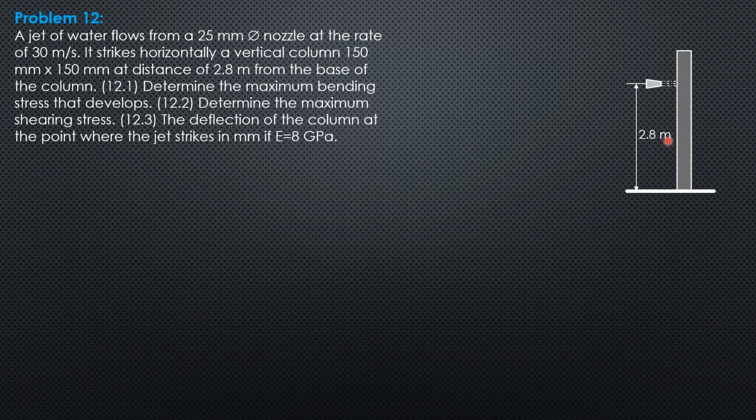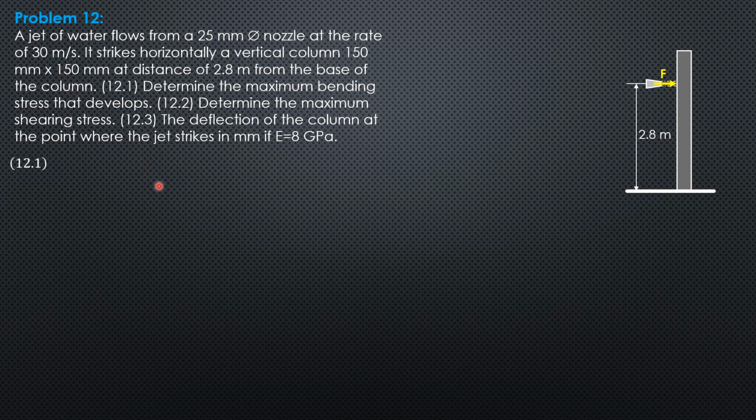So this is the figure. Let's solve for the dynamic force F. Then bending stress, because this is rectangular or square, is 6M over bd squared, where b equals d equals 150 mm.